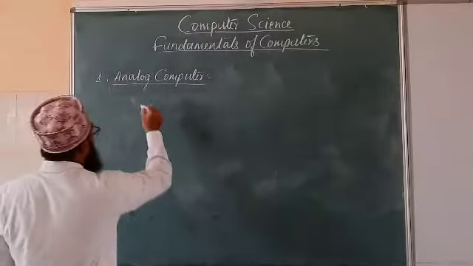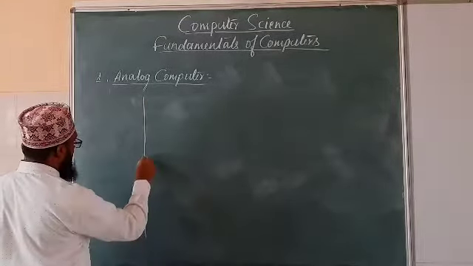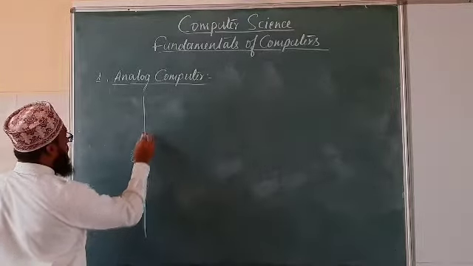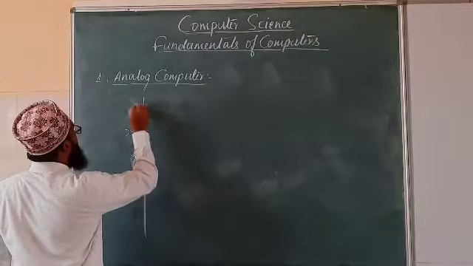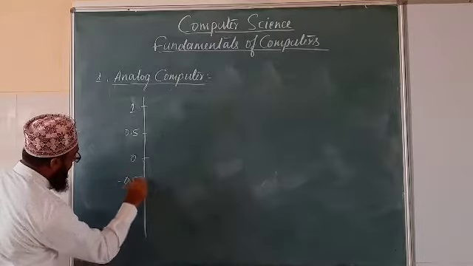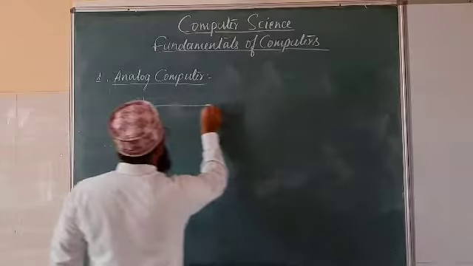See, now I am writing 0, 0.5, then 1. Then here minus 0.5, then minus 1. Put lines here.